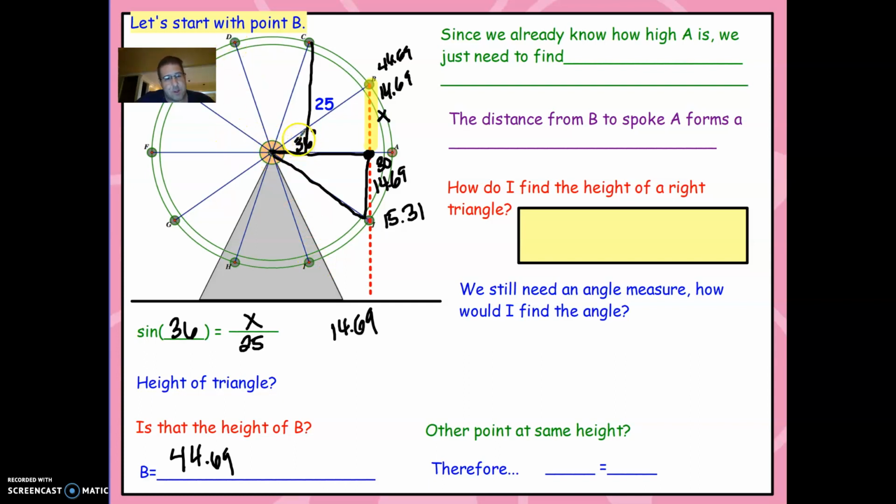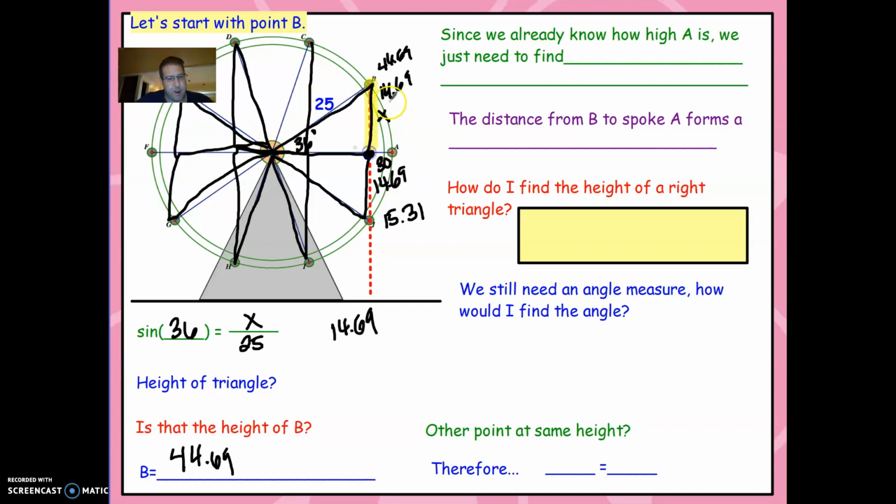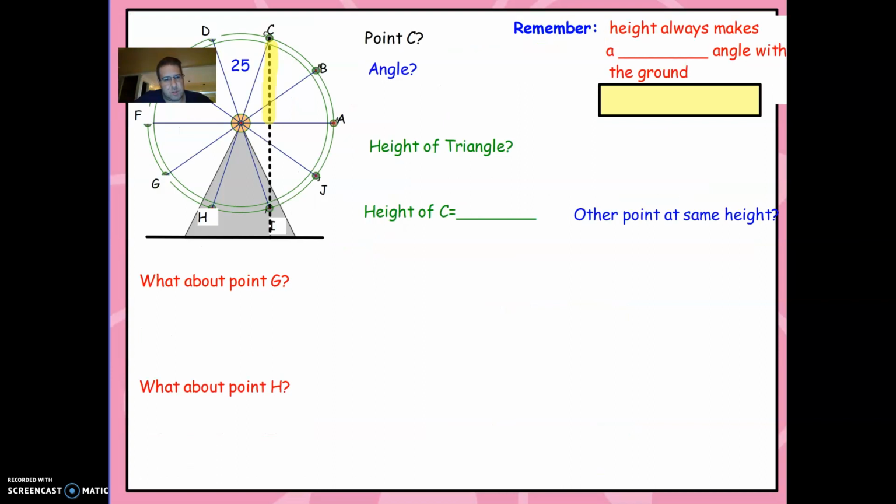So there's really only two different triangles, even though there are, I believe, let's see, 8 triangles altogether. There's 4 of these tall ones and then 4 of these shorter ones. But really, there's only 2 different triangles being created. So you can find the height of all the other positions if you just solve for those 2 positions.